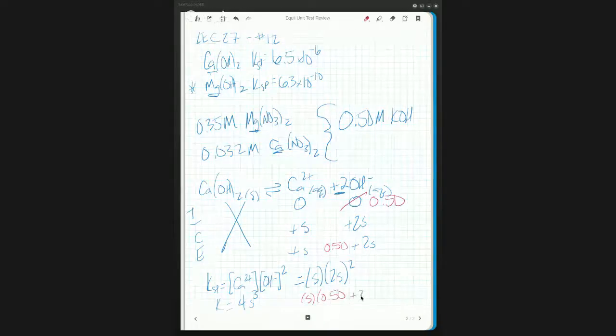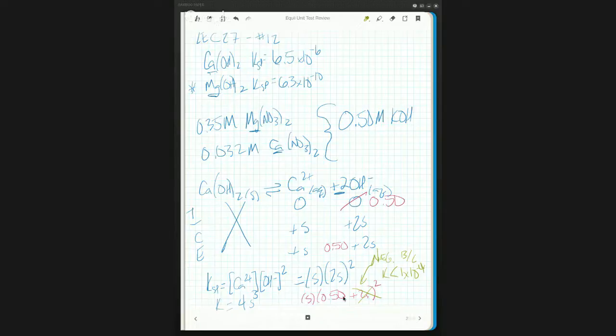Okay. And here, it's S times 0.50 plus 2S squared. And in a situation like this, you look at the K, 6.5 times 10 to the negative 6th. If it's less than 1 times 10 to the negative 4th, then this additional 2S right here goes away. It's negligible, because K is less than 1 times 10 to the negative 4th. So we'll just go with this, okay?